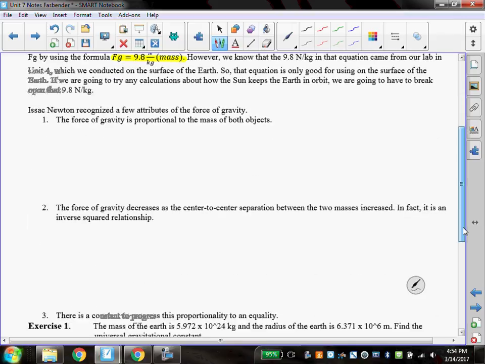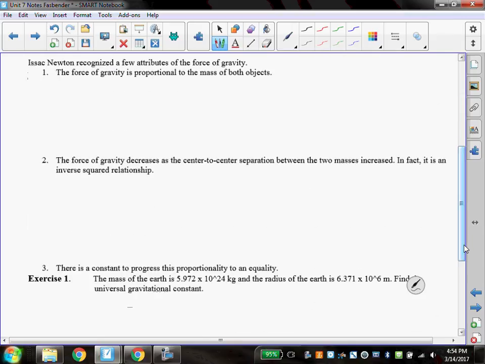Now the good news is somebody who's pretty smart has already thought about all of these things. Who was that? It was Isaac Newton. He recognized a few attributes to the force of gravity. Number 1, the force of gravity is proportional to the mass of both objects. What do I mean by that? Well, let's pretend that we have two different objects here on Earth.